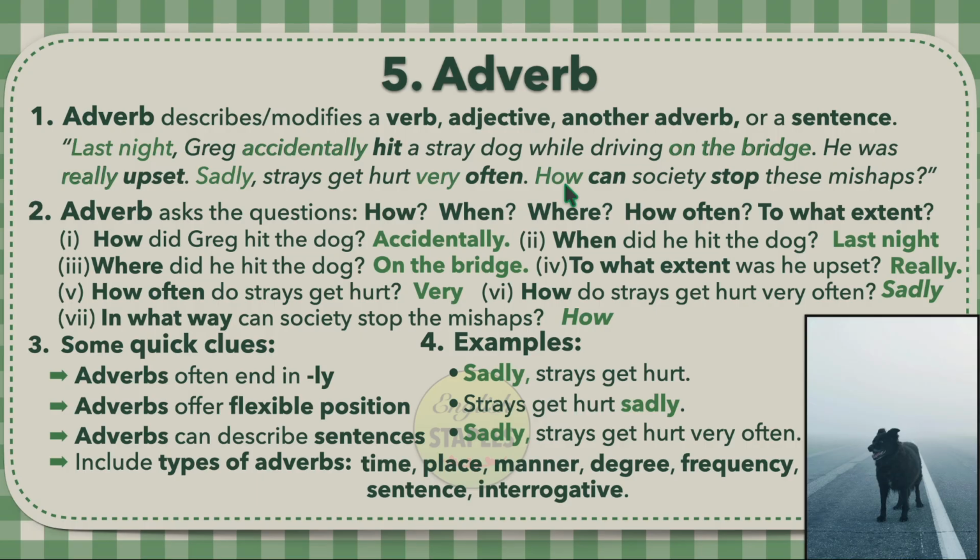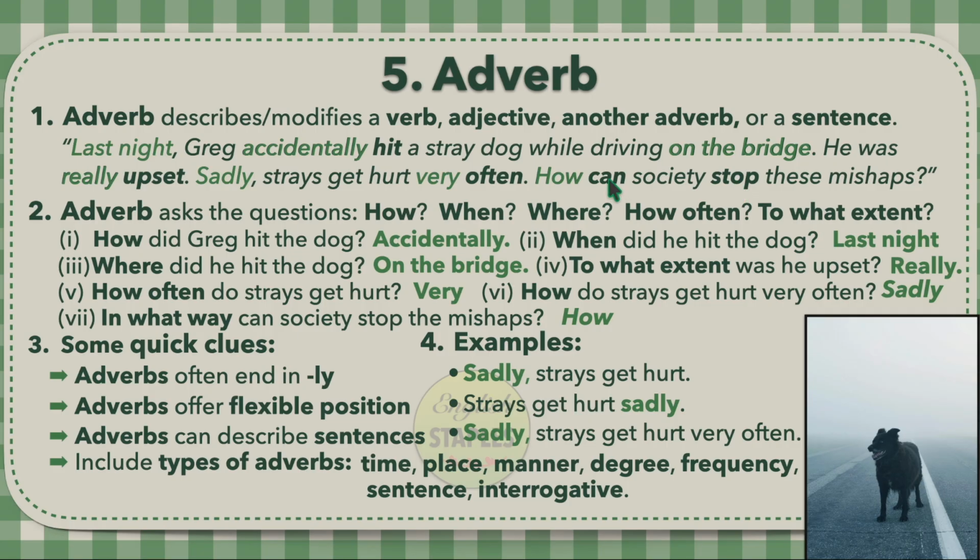Here we have the sentence, how can society stop these mishaps? This is an interrogative. How? It's asking a question. In this case, how is modifying the verb phrase can stop.